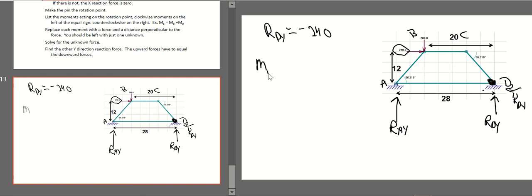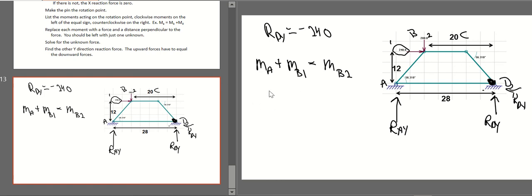So my moment at A, we're going to call this B1 and B2. This one here is a clockwise moment, so I'm going to say plus moment at B1, and this is going to be my counterclockwise moment at B2. You can see that this is my pivot. This will go this way. That's my pivot. This will go this way. So that's what we got.